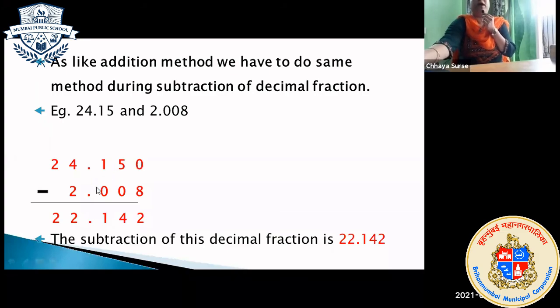Clear? 1 minus 0, 1. 4 minus 2, 2. And 2 as it is, 2.